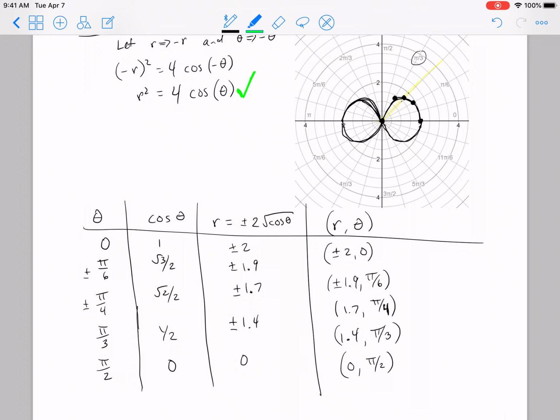And maybe I should color coordinate these for you: this is 2, 0, that's 2, 0, this is that one, this is that one, this is that one, and the last one is that one. Okay, and so that's basically how we went through and did that.